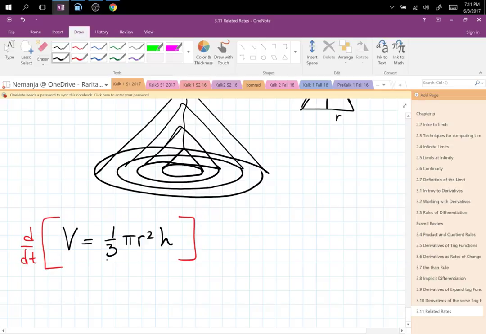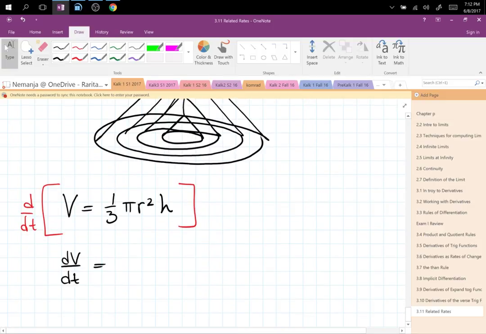So derivative of V is 1 times dV dt equal to, and now you have a pi over 3, which is a constant, times, and here is your product rule, in between r squared and h. So copy the first one times derivative of the second, plus copy the second times derivative of the first.